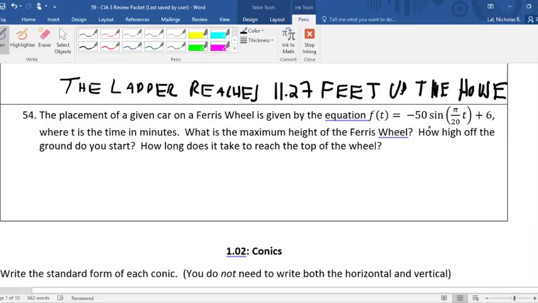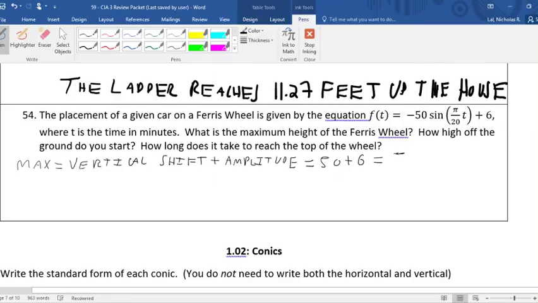So I know the maximum height of the Ferris wheel is going to be the vertical shift plus the amplitude. That's going to be equal to 50 plus 6, which is going to be equal to 56. Let's say it's 56 feet.